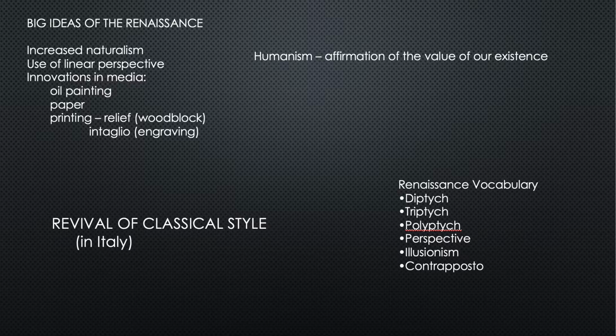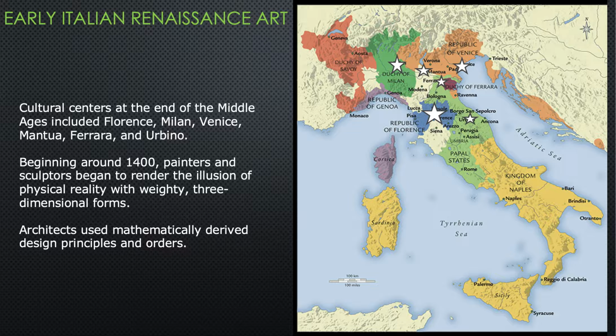Italy, of course, was the hotbed of Rome, and so it's the location of Rome. So we're going to get more interest in classicism down there. Cultural centers at the end of the Middle Ages included Florence, Milan, Venice, Mantua, Ferrara, and Urbino.